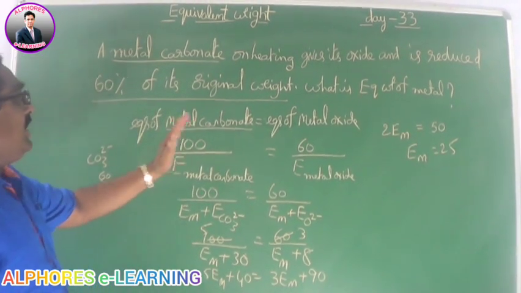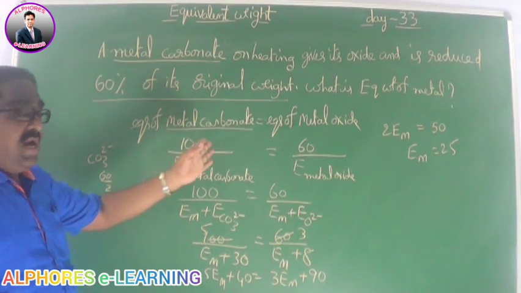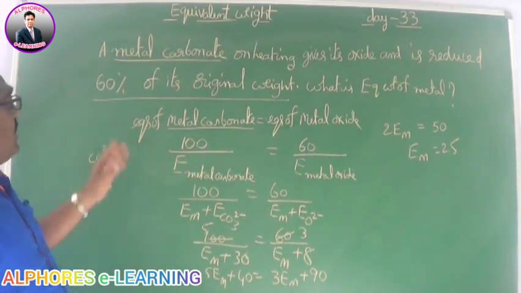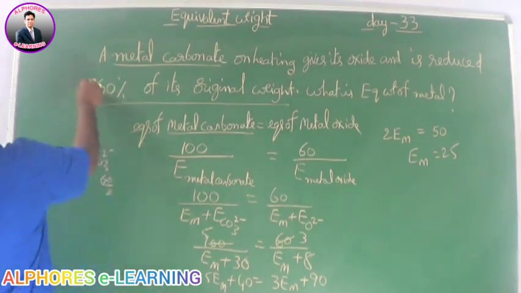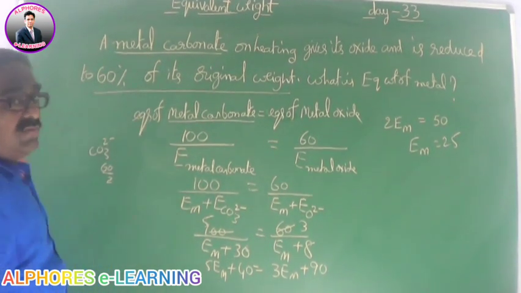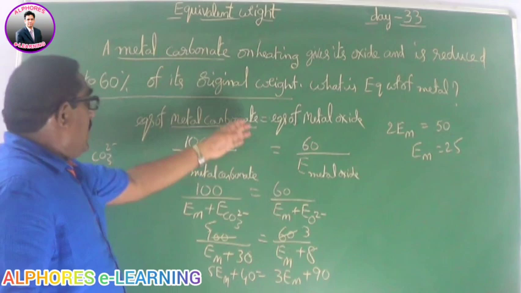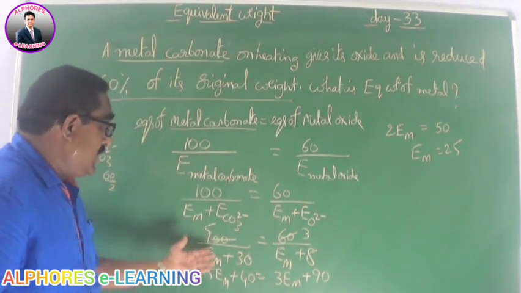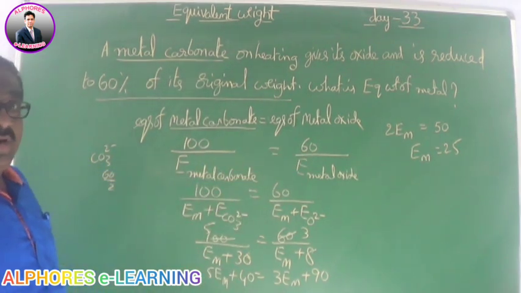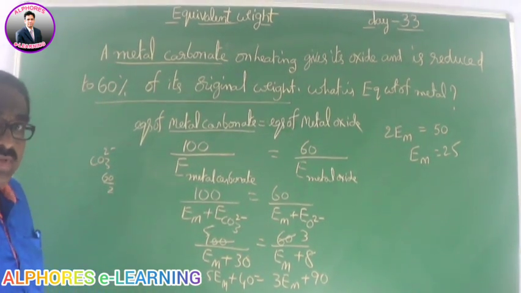I have equated the equivalents of carbonate and oxide, and the weight has been given as reduced to 60% of its original value. That's why I have taken 60 here and I have split that, and finally I got the equivalent weight of metal as 25.